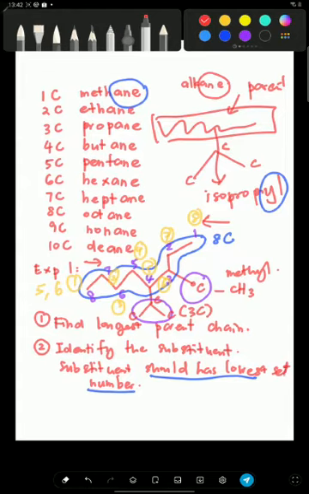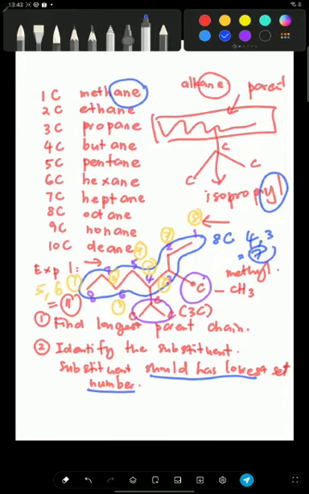So the number, this is lowest set number. Set number means that you need to add up the location for isopropyl and also the location for methyl, then you get 11. Meanwhile, when you count from right to left, the location for the isopropyl will be 4, and 1, 2, here is 3.